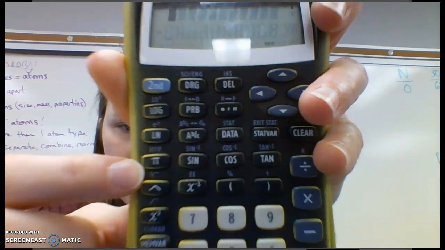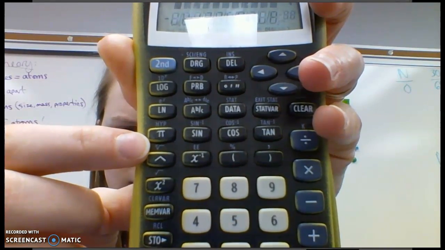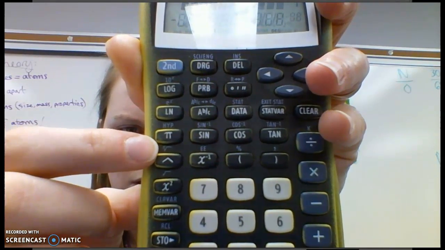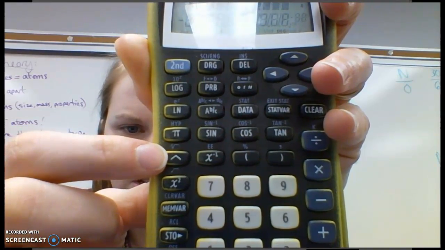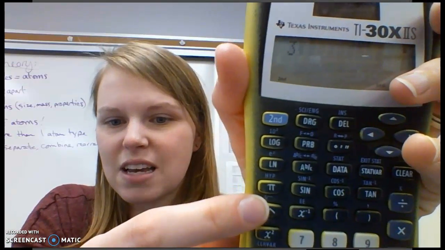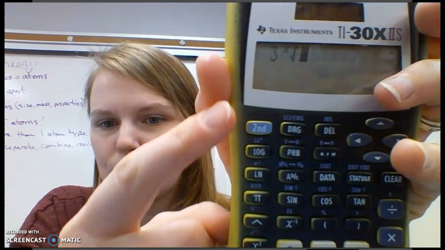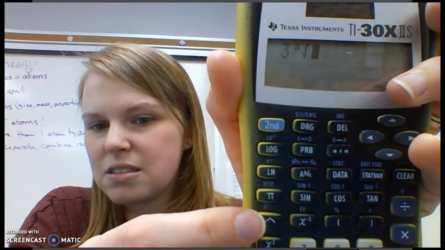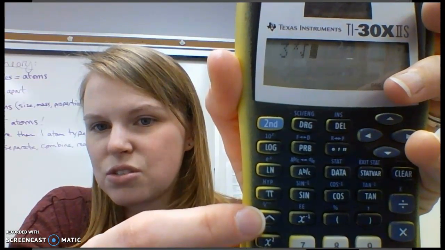Do you see that it has an X and a square root button? So what we're going to do is type the 3 first, and then press the second button and then this button here. When we press the second button and then this, it lets us say cubed root.